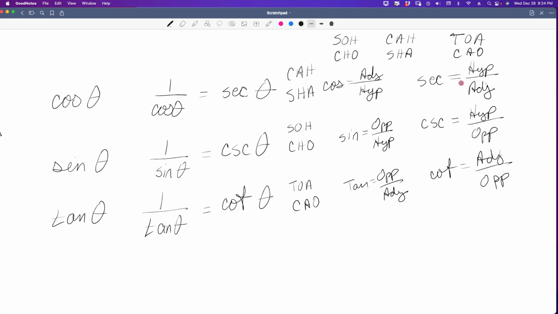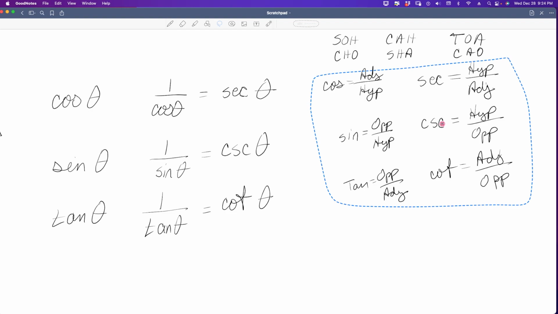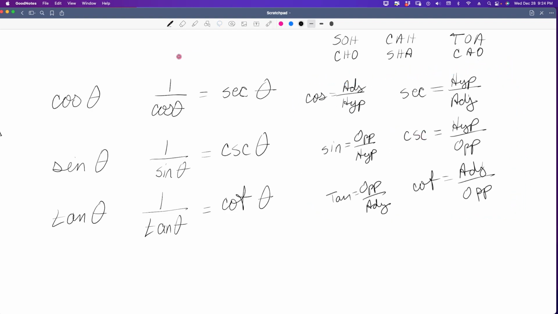So you might want to write all of this down somewhere so that you have it. Now we might not use CHO, SHA, KO. You could still do SOHCAHTOA and then just reverse it.